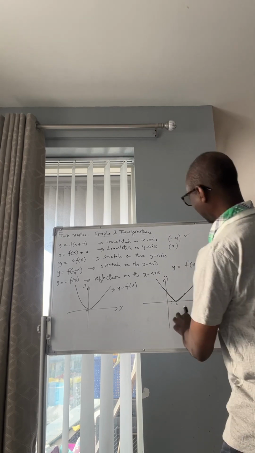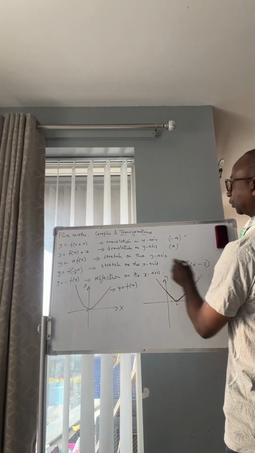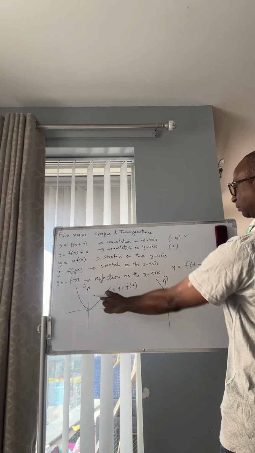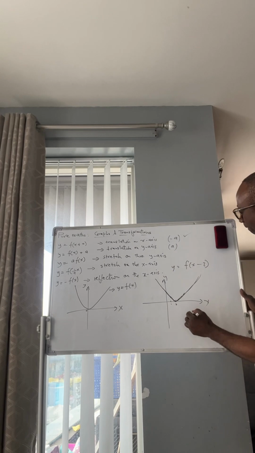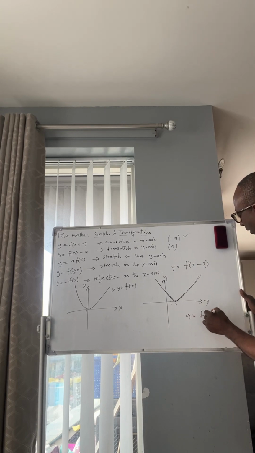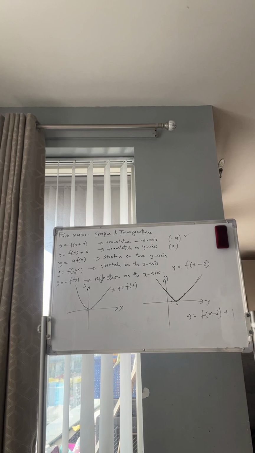So now they ask you to transform this same graph into y equals f of x minus 2, plus 1. What have we got here?